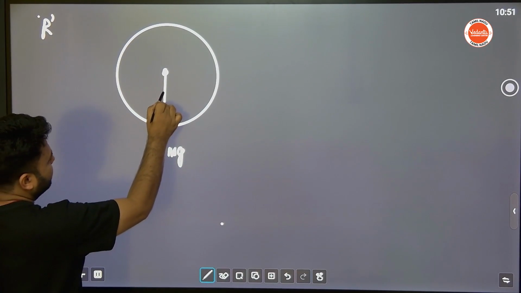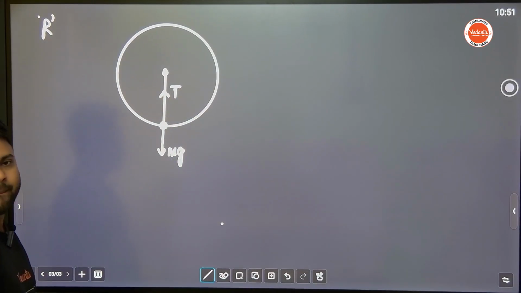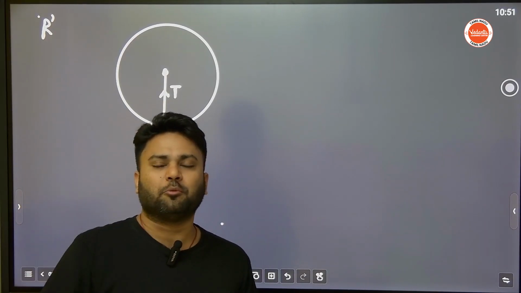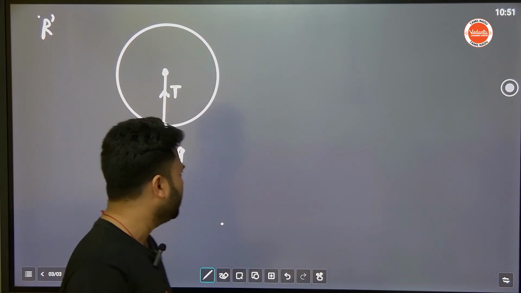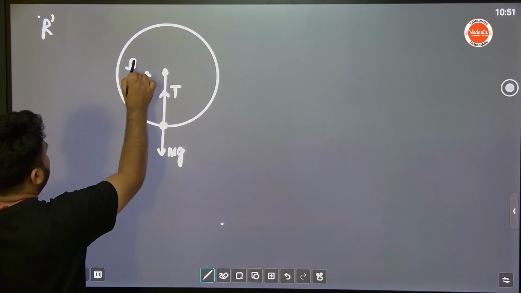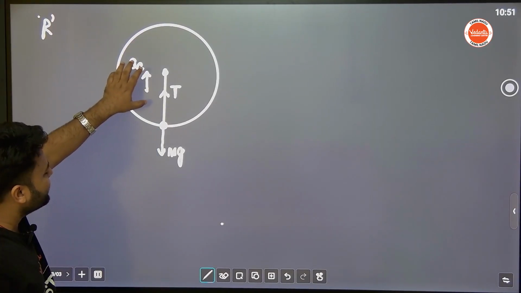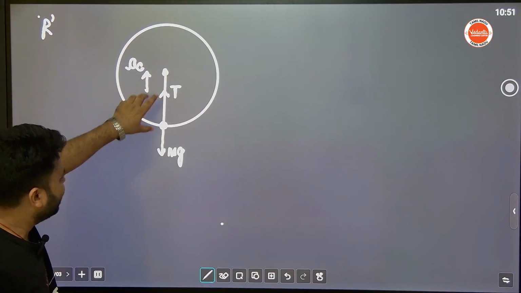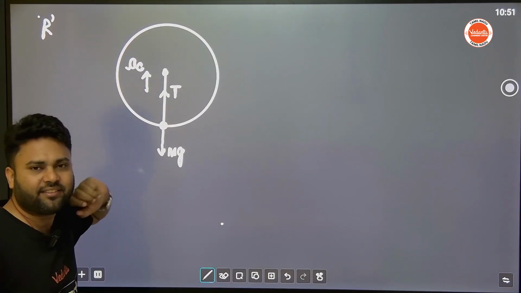Now what I told just now, if the object is performing circular motion, there is always one acceleration towards the center, that is centripetal acceleration. So if acceleration is in this direction, which force will be more, tension or mg? Obviously tension will be more, mg will be less. That's why acceleration is in this direction.